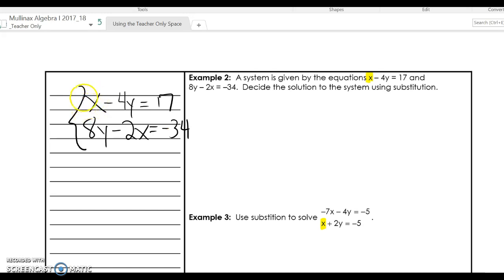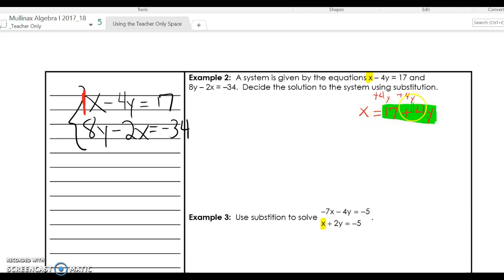Here we have x has a coefficient of 1. So obviously x would be the easiest variable to solve for. And if we add 4y to both sides of this equal sign, we get x equals 17 plus 4y, or 4y plus 17. So now this equation tells me what x equals.